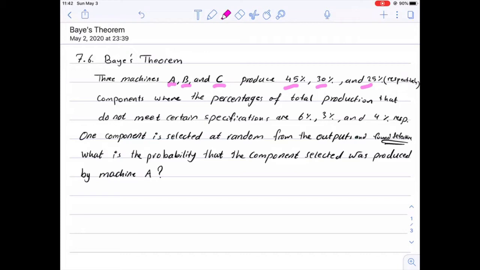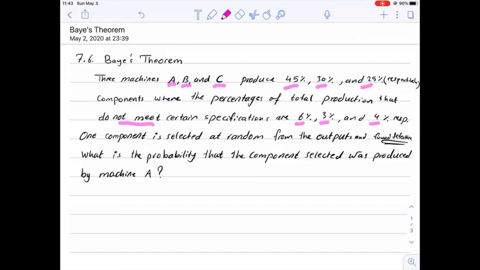But some of these components do not meet certain specifications. For machine A, the fraction that does not meet the specifications is 6%, for machine B it is 3%, and for machine C it is 4%.